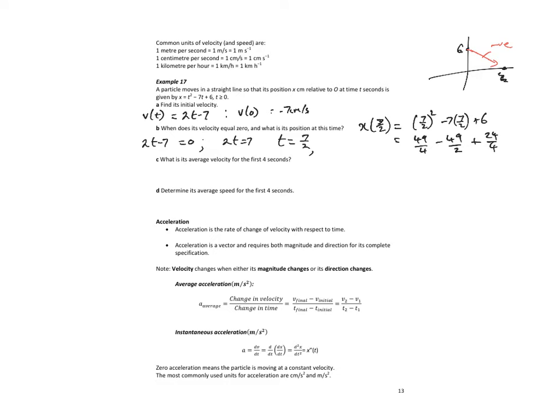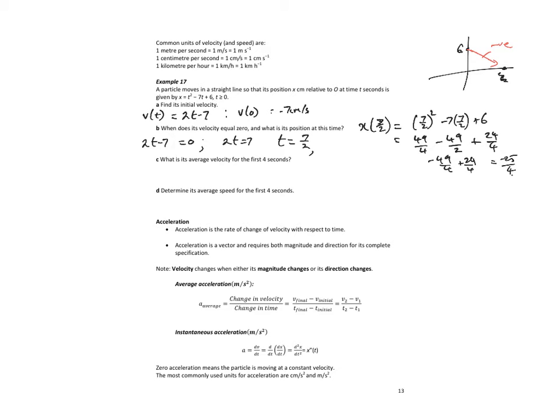So that becomes negative 98 on 4, so negative 49 on 4 plus 24 on 4, negative 25 on 4. So that's where I am when the velocity is 0, or when my turning point occurs.